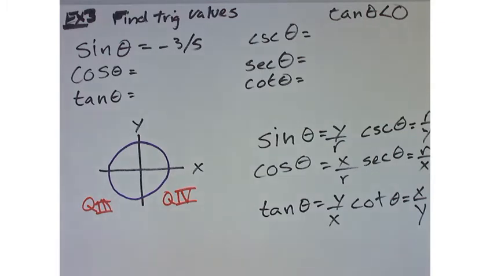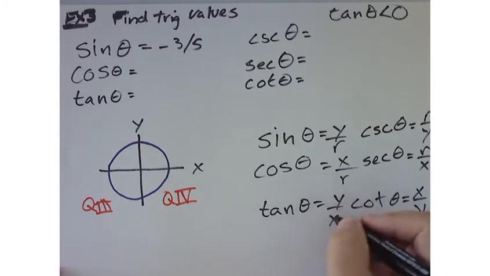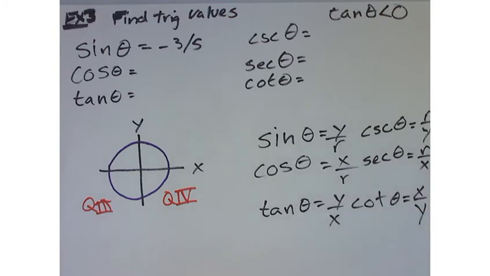If tangent is less than 0, then tangent has to be negative. We know that the y value is negative. Now if the x value is negative, doesn't that make the overall ratio positive? So what quadrant must we choose? Quadrant 4.